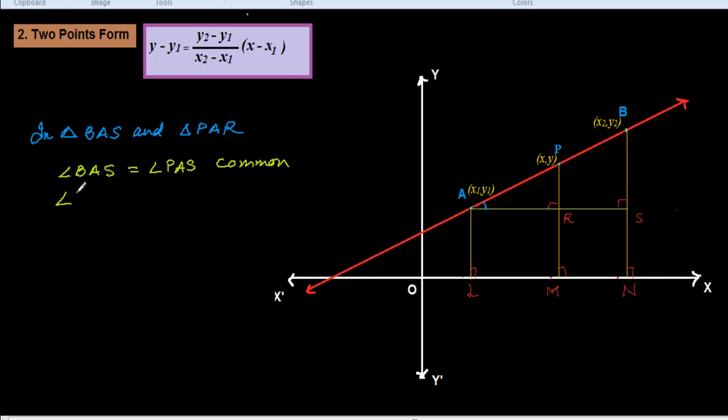So angle BSA is equal to angle PRA is equal to 90 degrees. So both are similar by the similarity criterion.